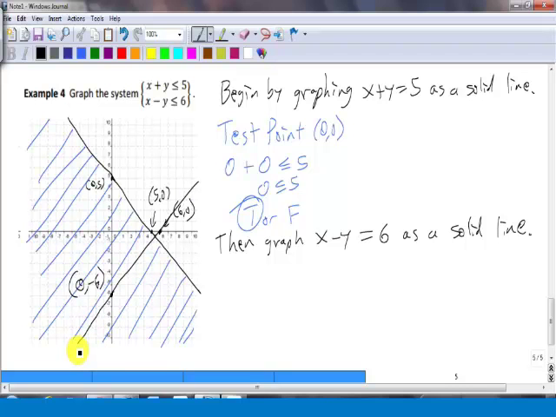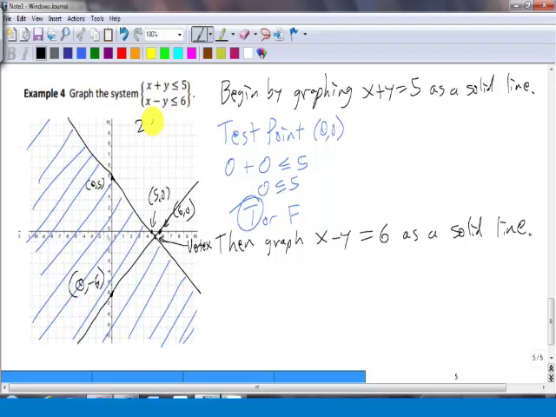Now, I believe on the test there's a reference to what's called the vertex of the system. It refers to the point where the two lines intersect, so I'll go ahead and label that, the vertex. You can find the coordinates of this point by solving the system of equations: x plus y equals 5, x minus y equals 6.